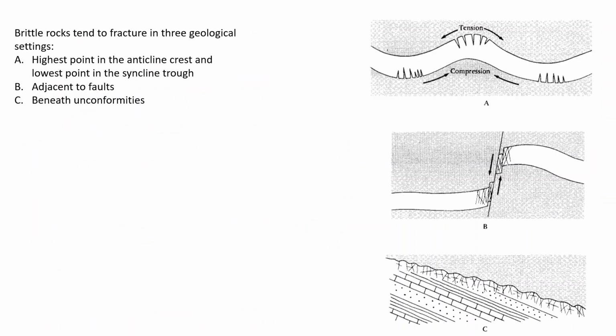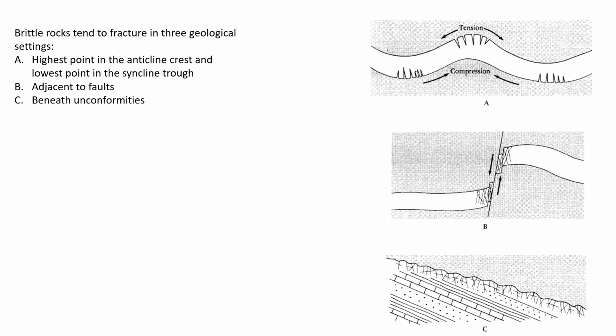So the brittle rocks tend to fracture in three geological settings. That is the crest of the anticlines, where due to the high tension, the fractures may develop. This is one location of the development of fracture pores.